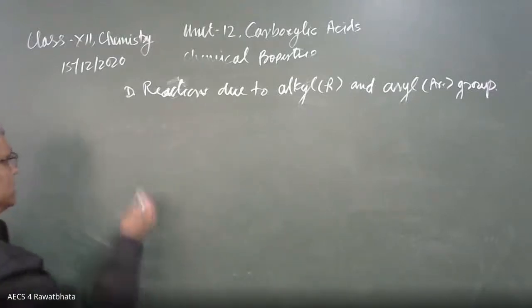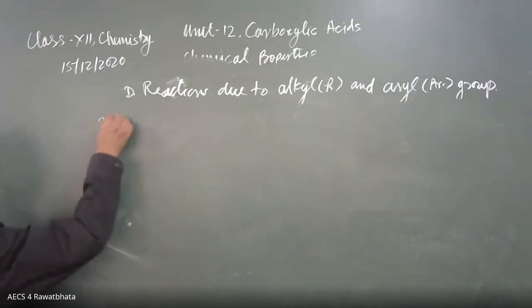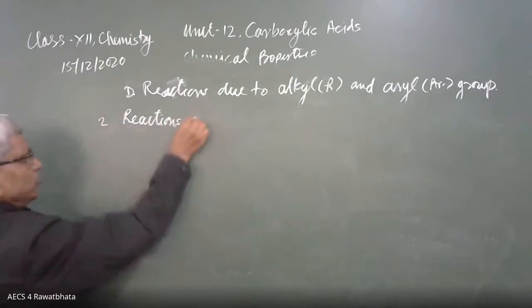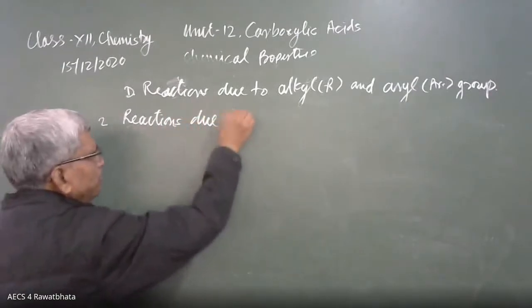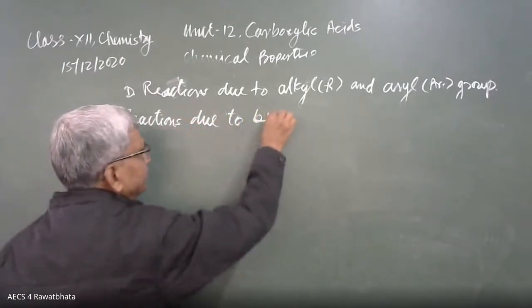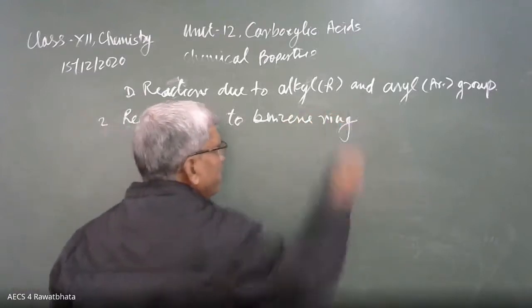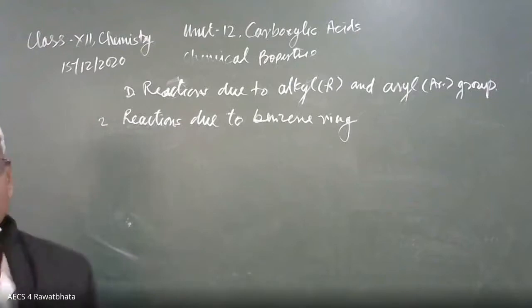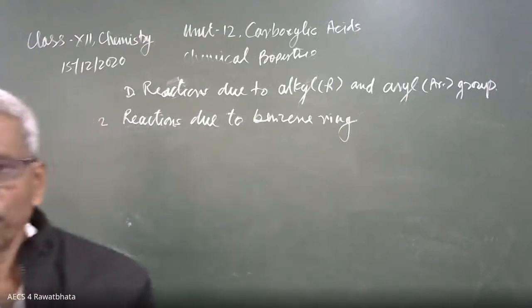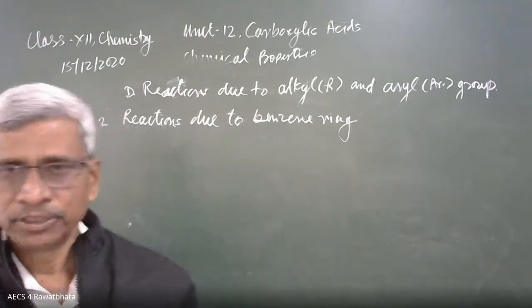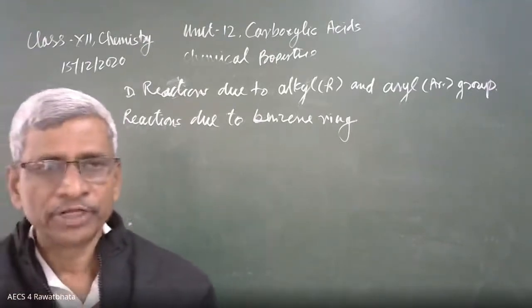The other reaction is reactions due to the benzene ring. And here the simple reaction is called electrophilic substitution reaction. The coming group joins in the form of an electrophile.